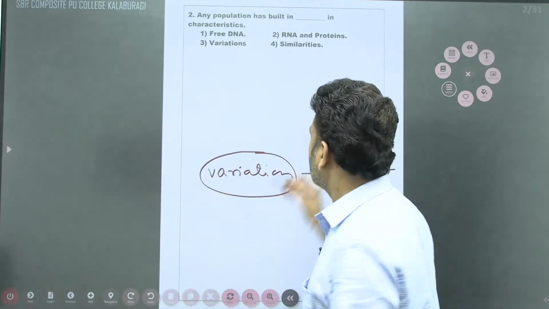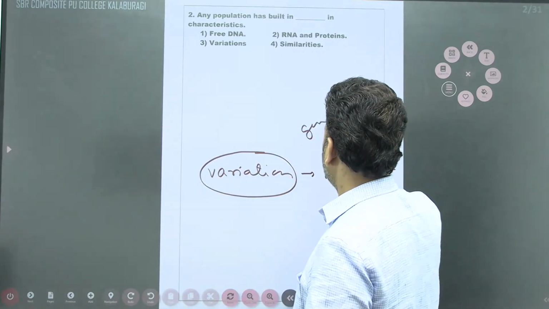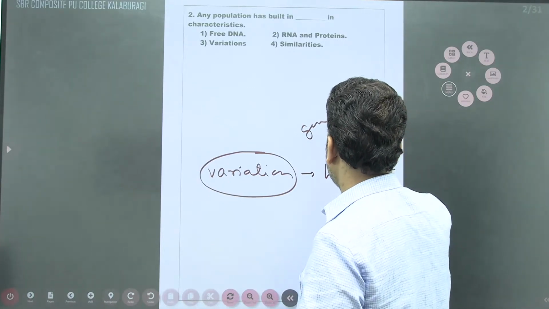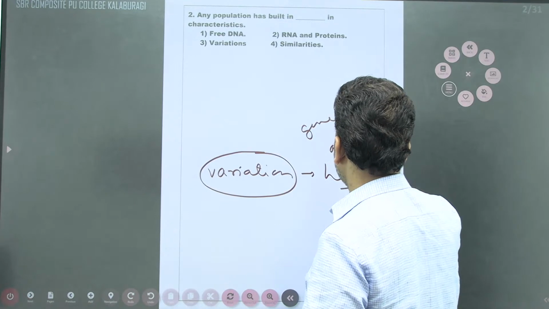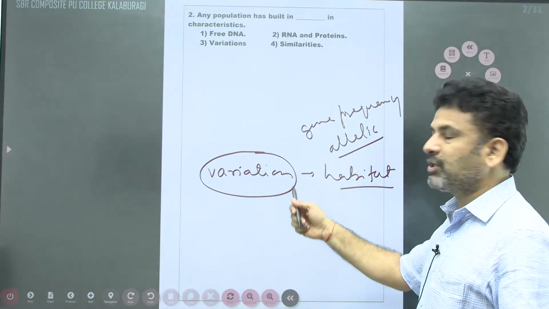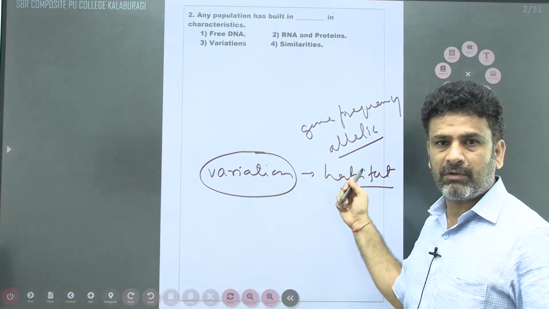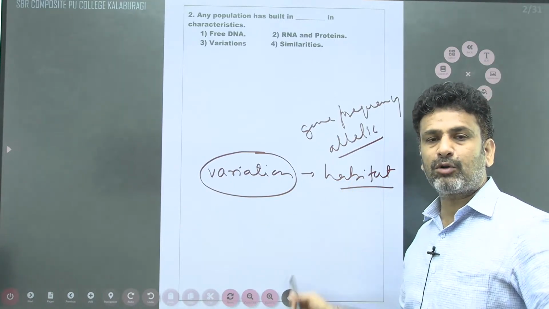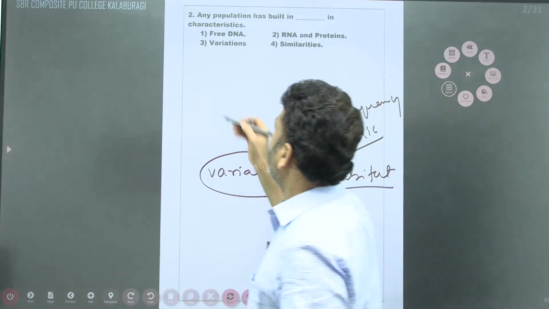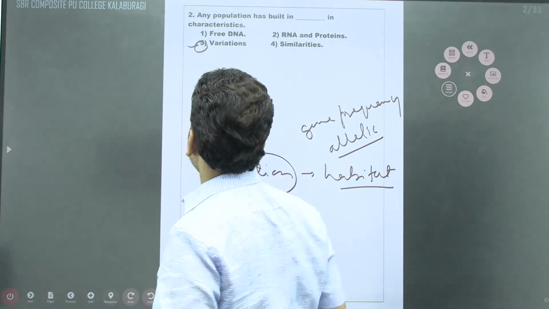So we observe a change in gene frequency or allelic frequency because of variations, in order to adapt to a particular habitat. That's why variation is the correct answer.